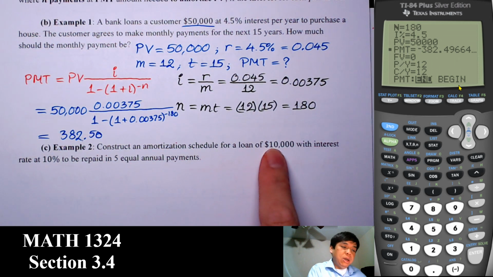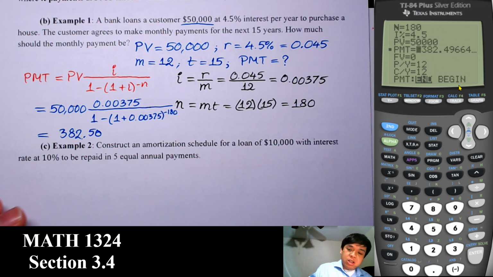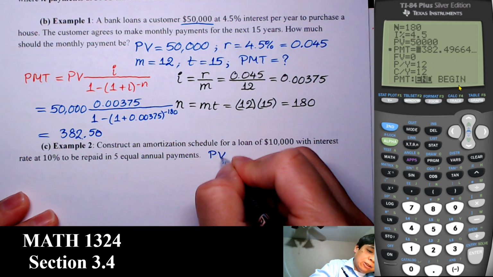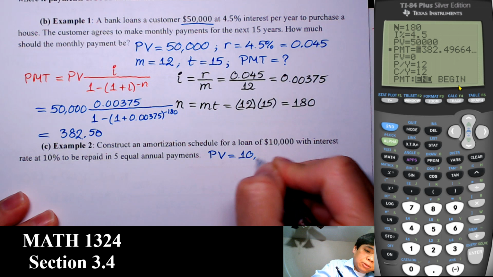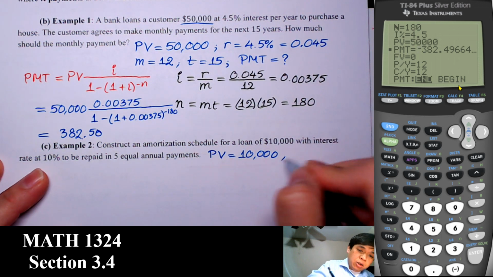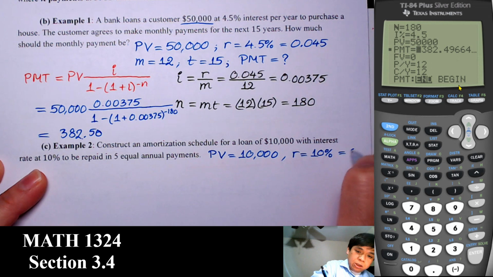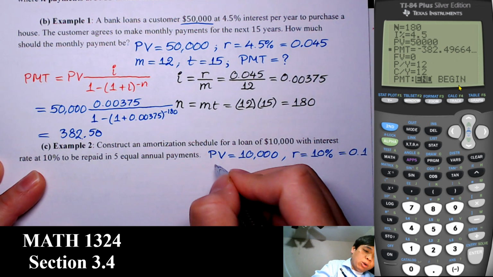So do we pay that off? That is the present value. Let's just write out what we have. The interest rate is 10% and 5 equal payments.